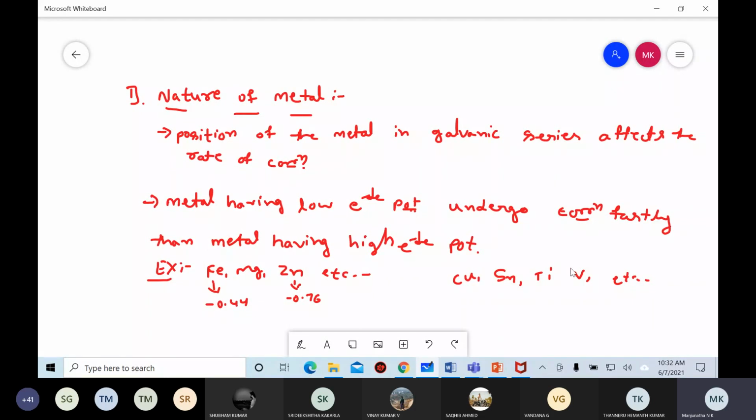With this, you need to write down examples. Metals like iron, magnesium, zinc corrode faster than copper, tin, titanium, vanadium, etc. First one, that is nature of metal. These 2 points you need to write down with example.